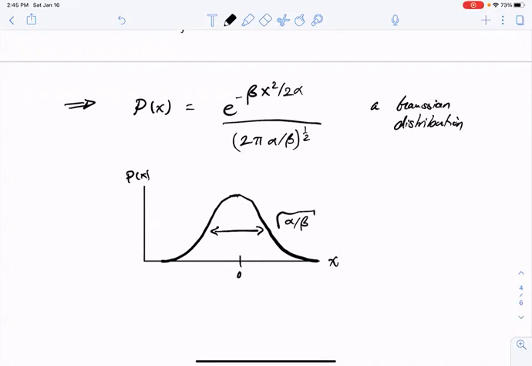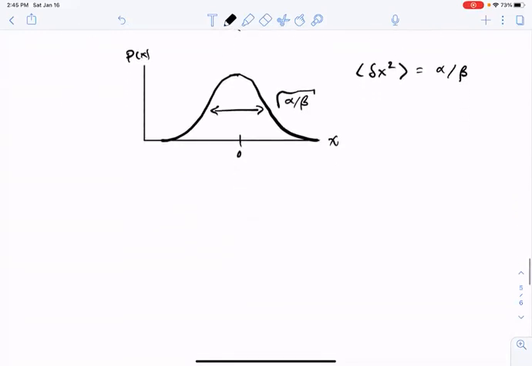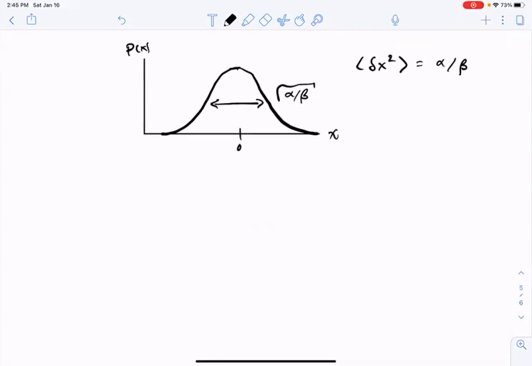Knowing the Gaussian distribution is defined by a mean and a variance, we can pick off what the variance of this Gaussian random variable x is as just alpha over beta, the square root of that thus being the standard deviation, giving us the width of that distribution. Once we have the distribution and the partition function, all of thermodynamics follows.